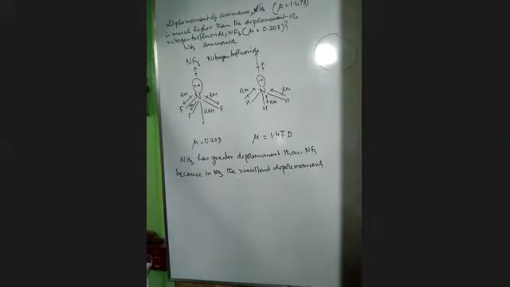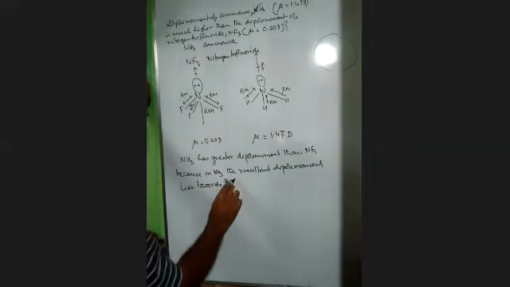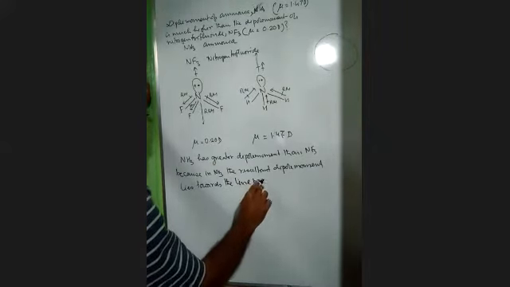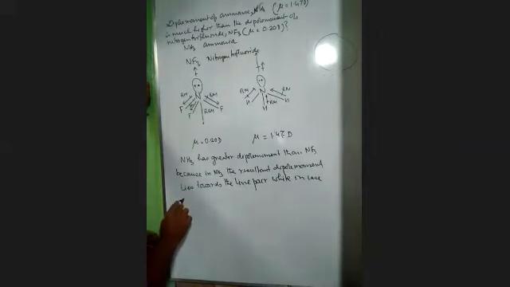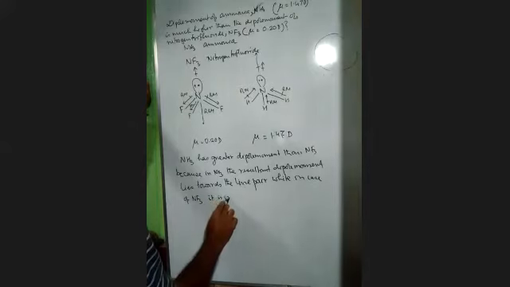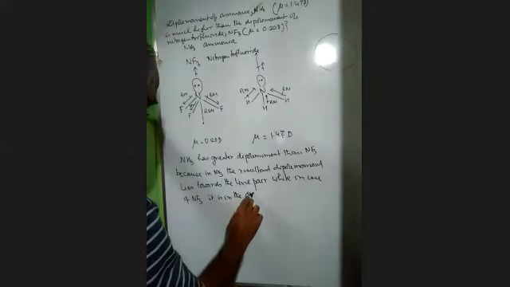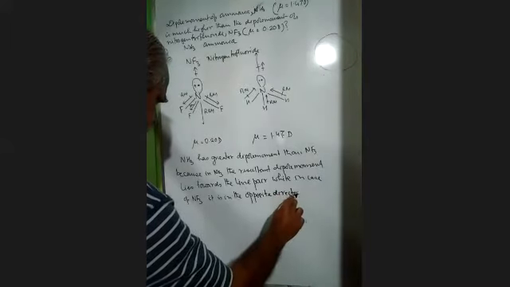Resultant dipole moment lies towards the lone pair, while in case of NF3, it is in the opposite direction.